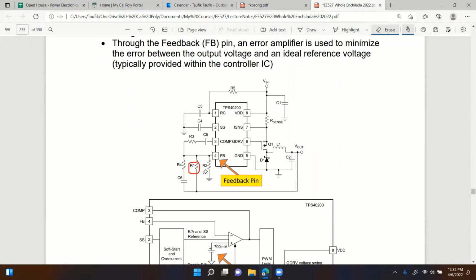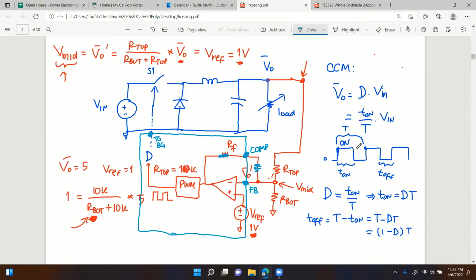And out of the two, which one affects the gain of the feedback amplifier? Anybody? R1 or R2? If I go back to this page, you can clearly see which one is affecting the gain of that feedback amplifier. Which one? R bottom or R top? I think it's R bottom.